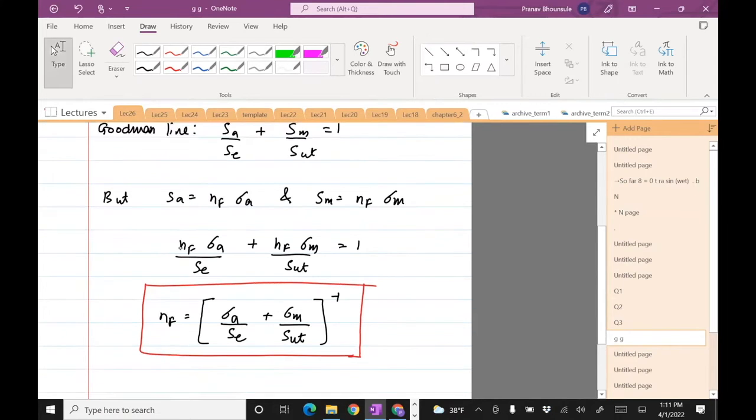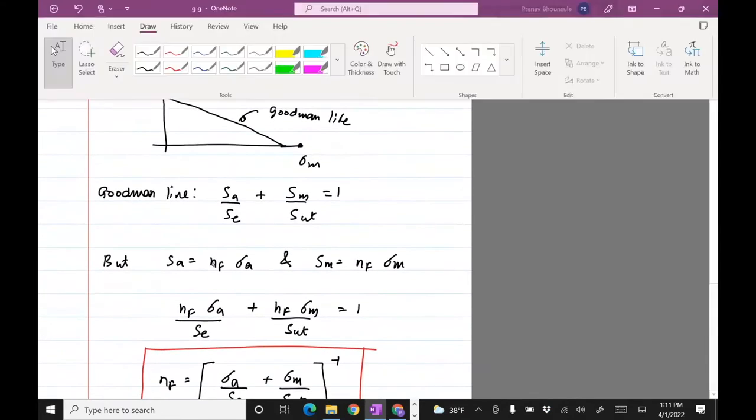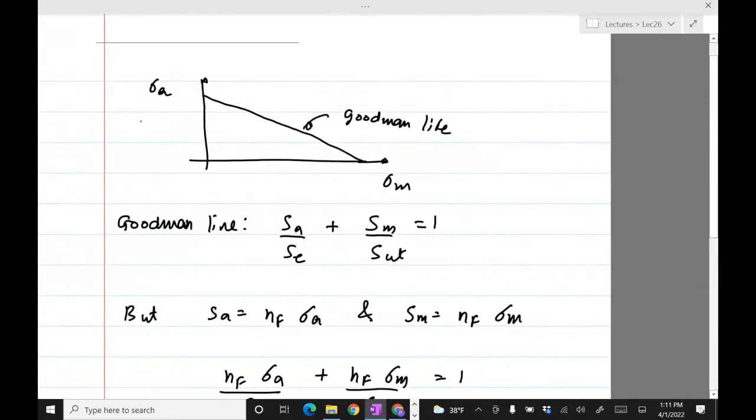Okay, again, note this might not be very clear, but any points on this curve are basically SA, SM, the ones which I put over here.